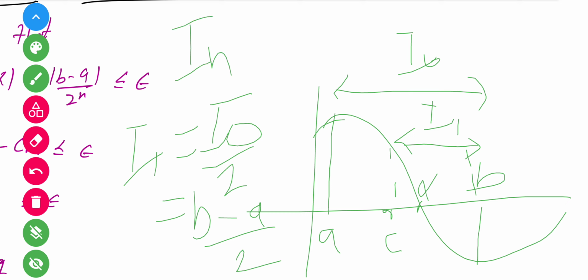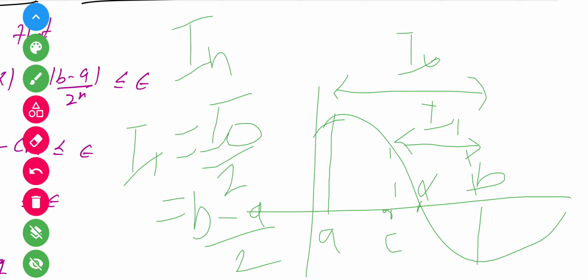Yes, we can write this. So if you see this, I want to compare this thing with C minus alpha. You can see that I1 is greater than C minus alpha here.